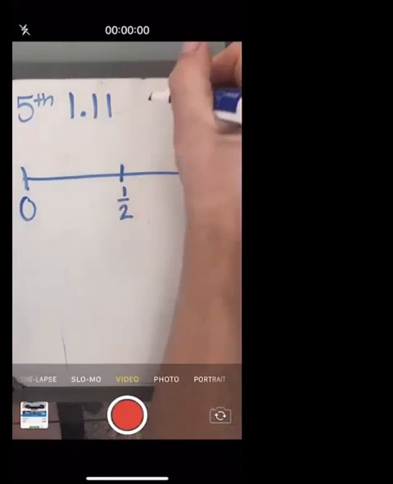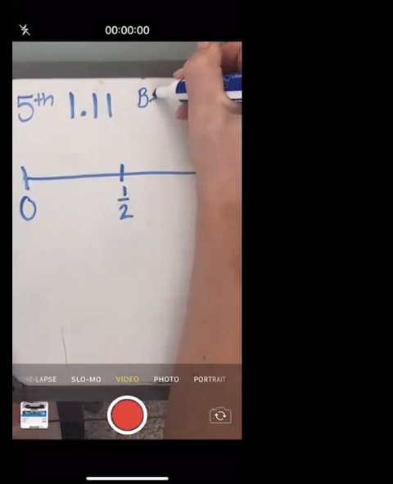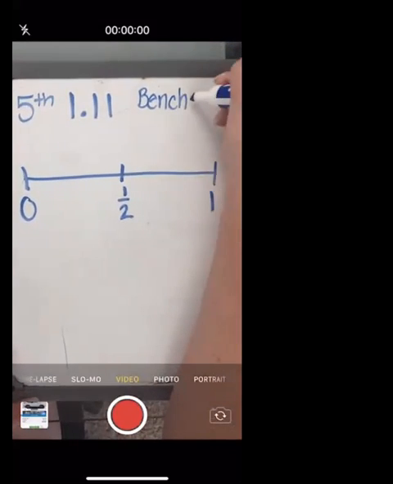So these are our benchmark fractions, and they're really good to compare numbers, which we've talked about before: is it closer to 1? Is it closer to 1/2?